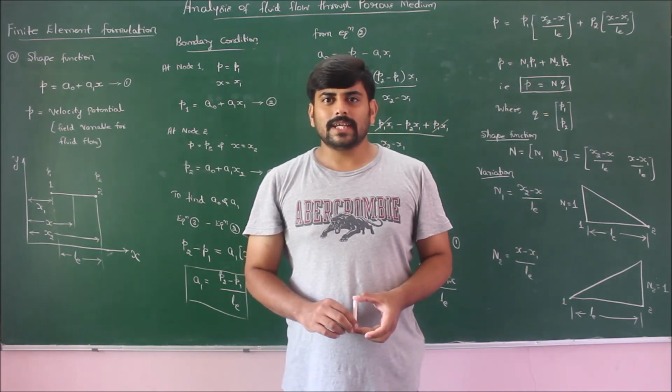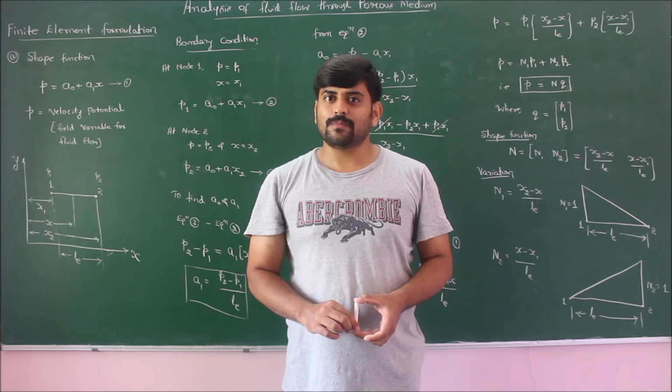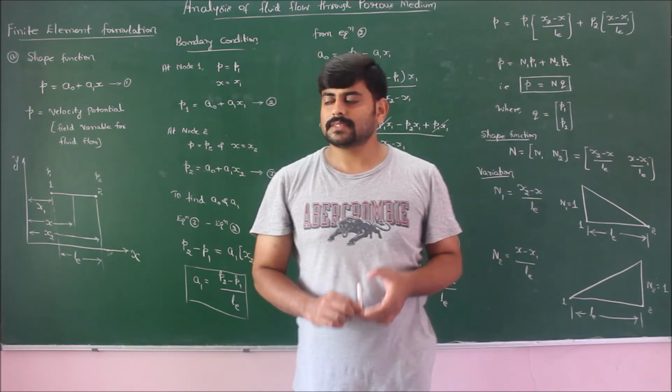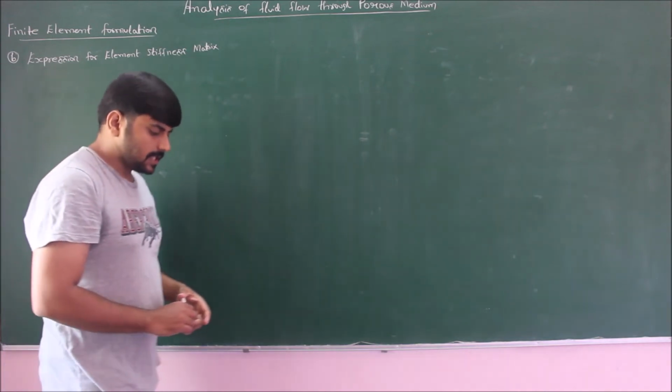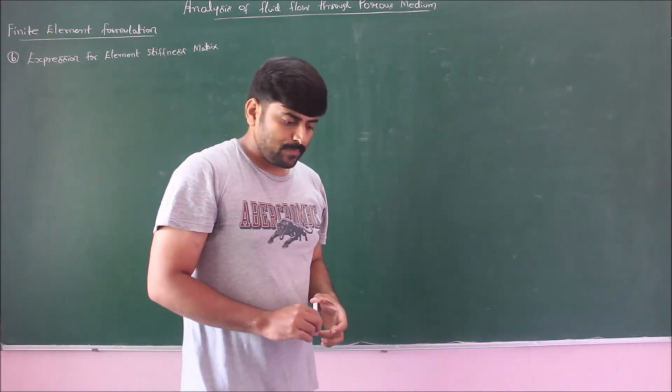Now let us derive the element stiffness matrix, which is very important to analyze the problems. Coming to the second important expression in finite element formulation, that is the element stiffness matrix.